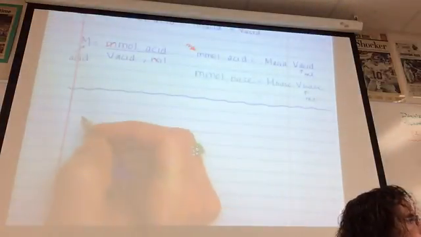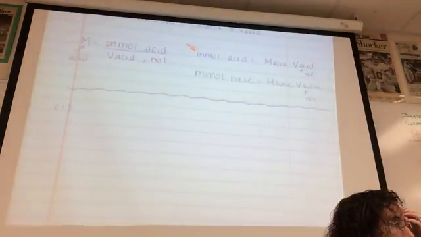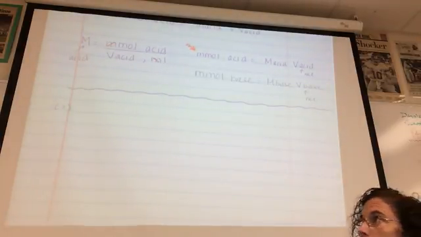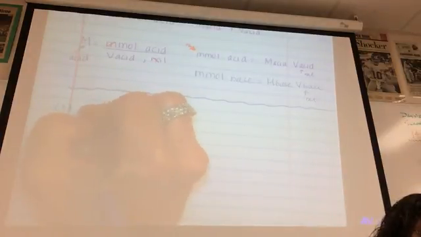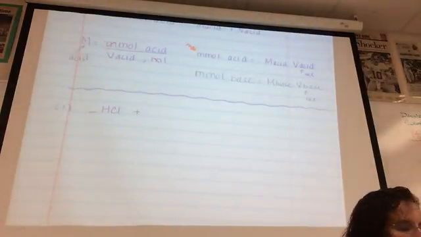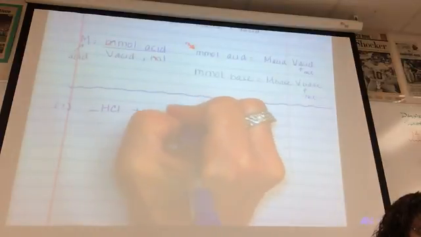So Zach, what's the first step? You got to write all the stuff out. You got to write a balanced equation. So what's our acid? Hydrochloric acid is HCl. And what's our base? Sodium hydroxide.